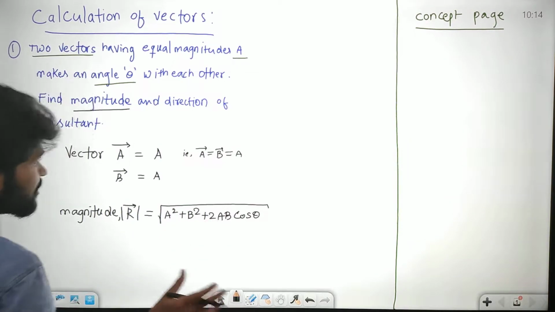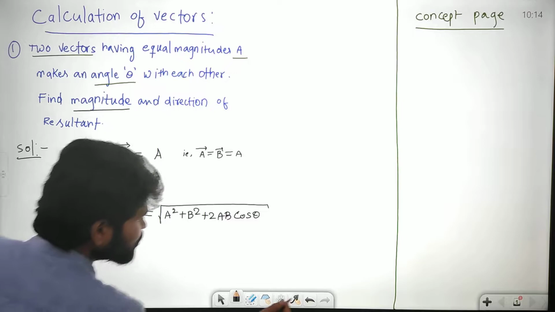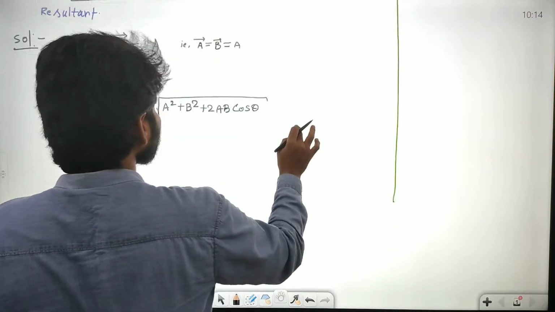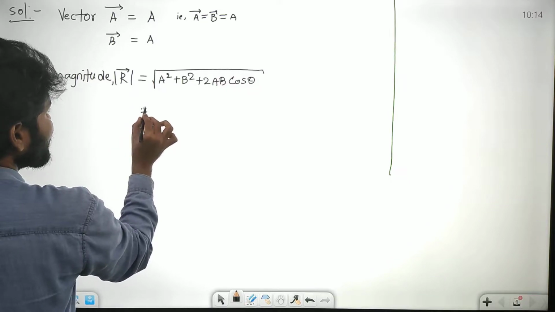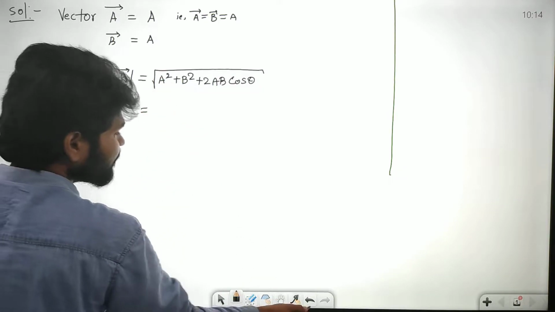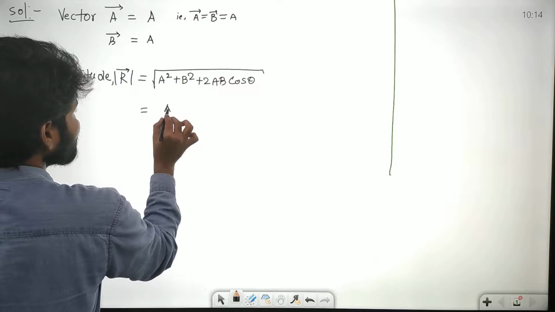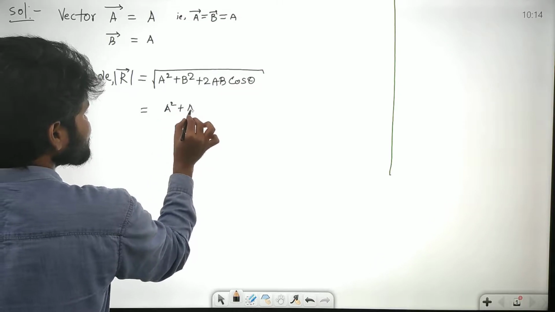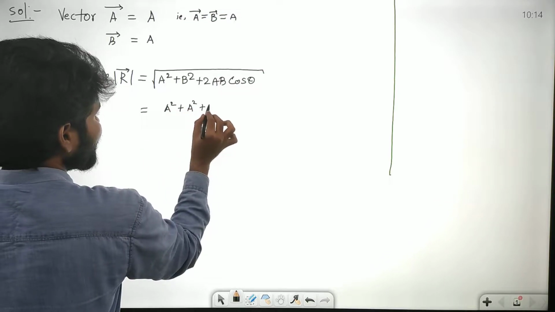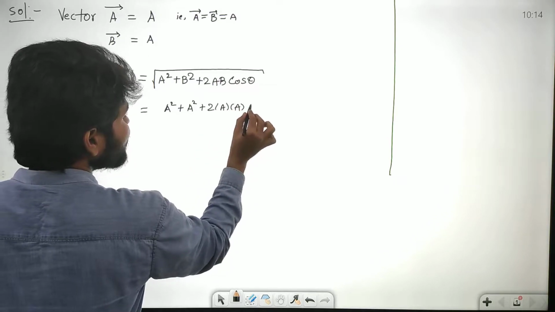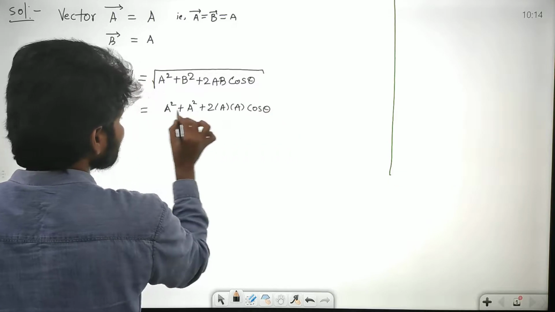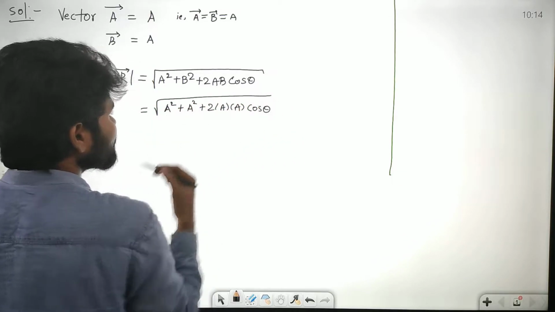Let's solve the equation. I am substituting here. That equals the square root of a square plus a square plus 2 into a into a cos theta.